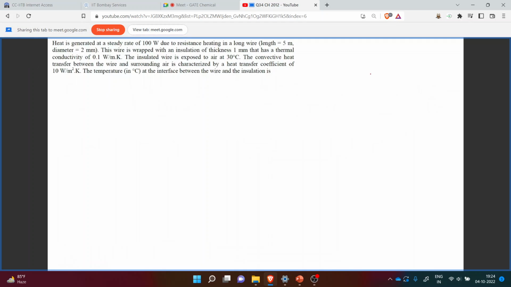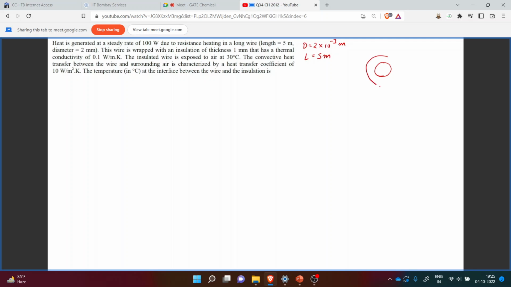So, in this question, we have been given a long wire whose length is 5 meter and diameter is 2 mm. So let's just consider this as the wire where diameter is 2 mm, that is 2 into 10 raised to minus 3 meter. Length we have been given as 5 meter, and this wire is wrapped with an insulation of thickness 1 mm.